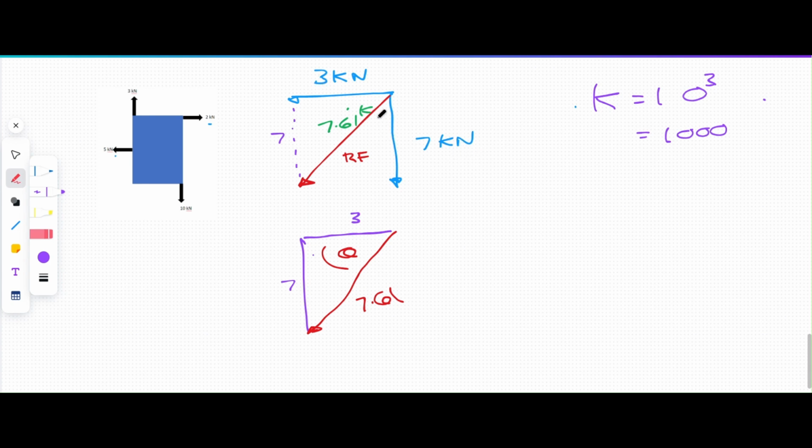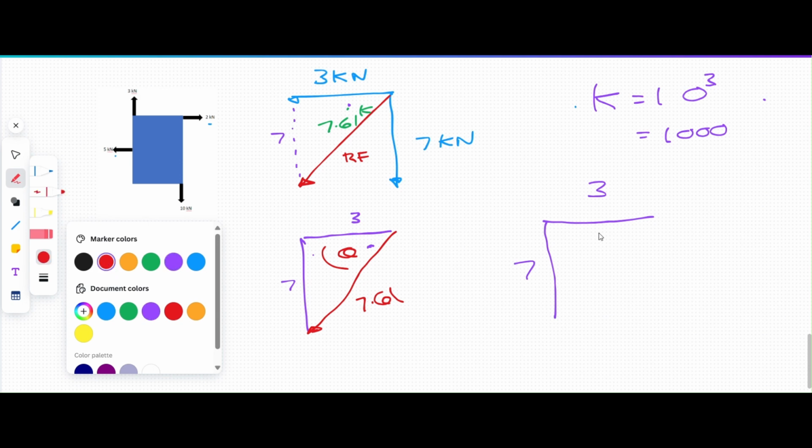So we've got 3 and 7, and the resultant force using Pythagoras was 7.61. I want to find now the angle in there. Okay, the angle in here. So I'll draw a triangle again. Not to scale. 3 going that way. 7 coming straight down, 90 degrees.